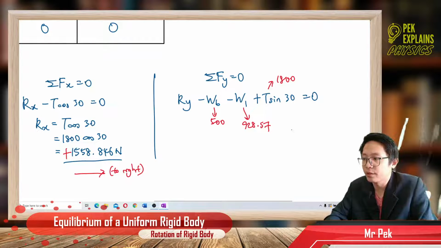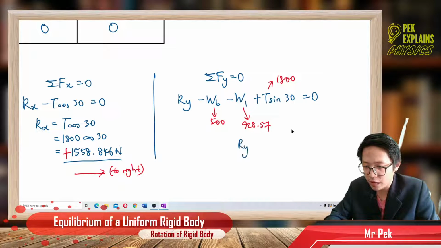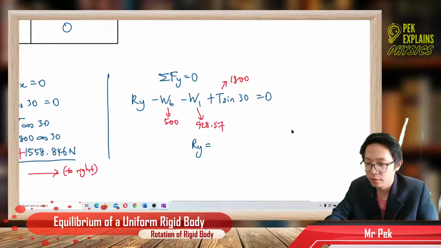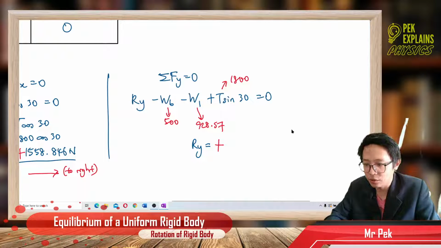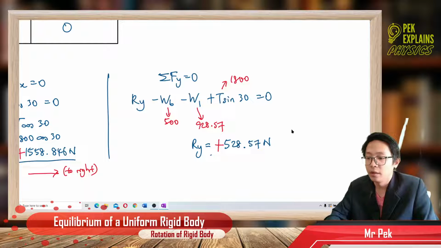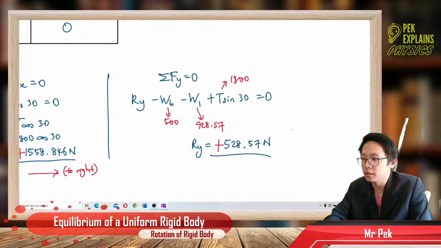Okay, so I get the answer for Ry is also positive, 528.57 Newton. Oh, Ry is positive.